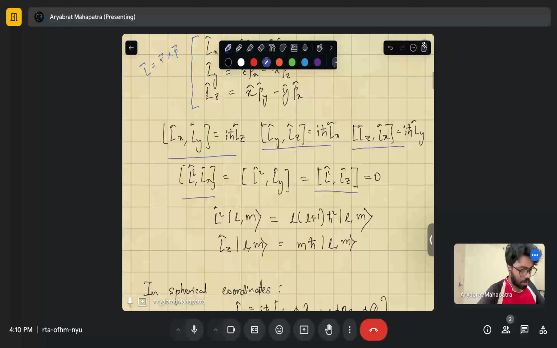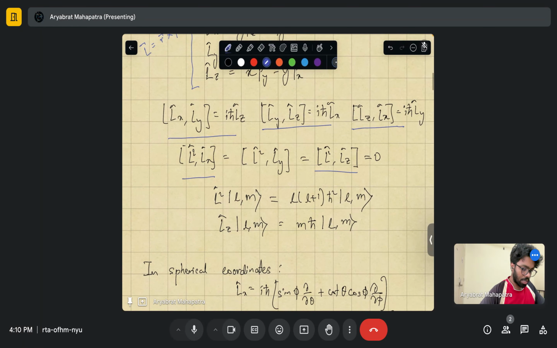But from the second line that I've written, the commutation relation of L square with Lx, Ly, or Lz, you will see that their commutation is zero. So you can measure L square and Lx at the same time with arbitrary accuracy.